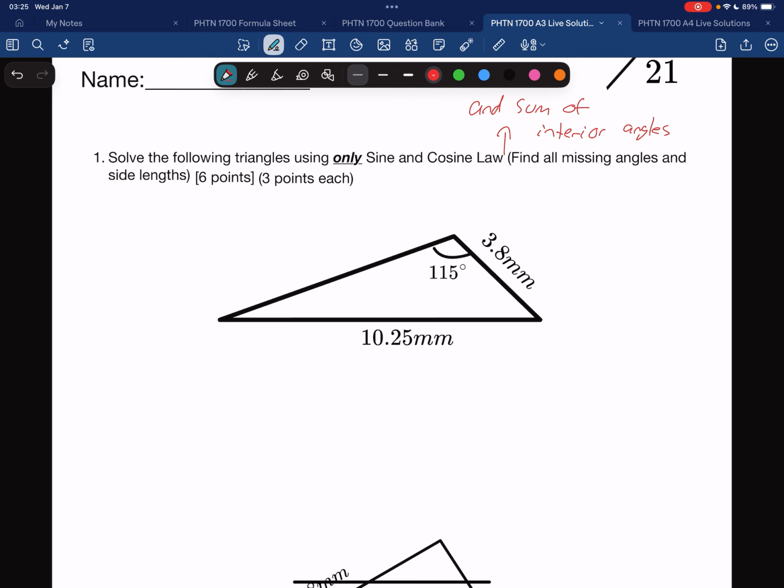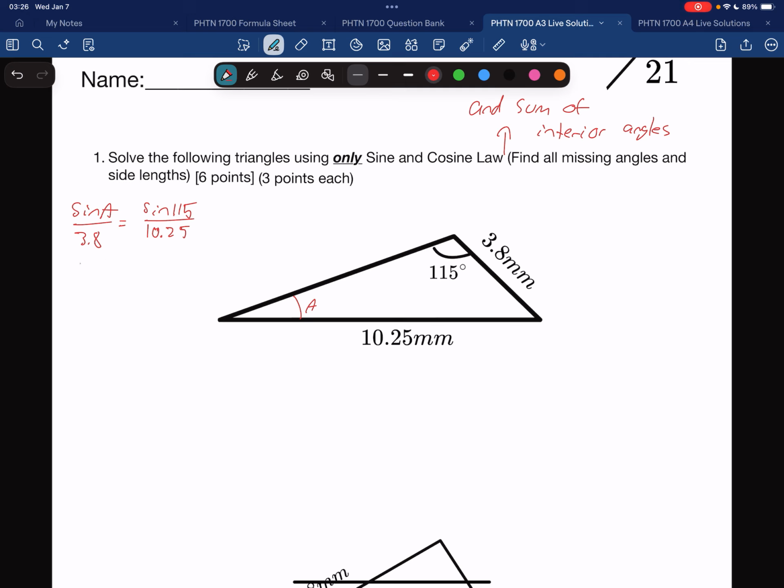Anyway, the first triangle here. I'm going to go ahead and just use sine law here to find this missing angle, which I will call A. So sine A over 3.8 is going to be equal to the sine of 115 over 10.25.